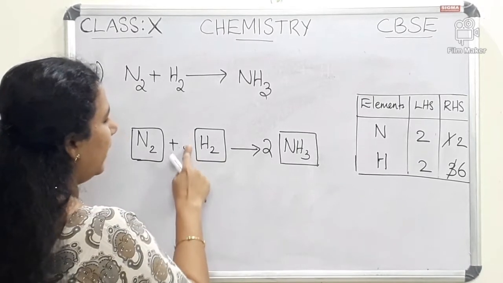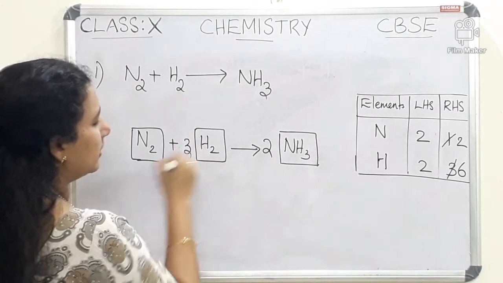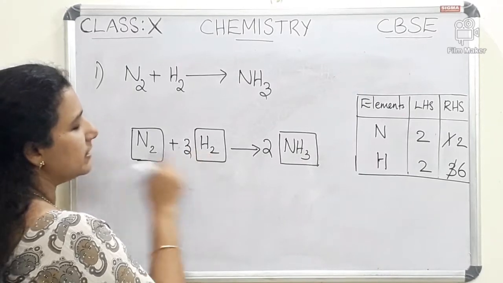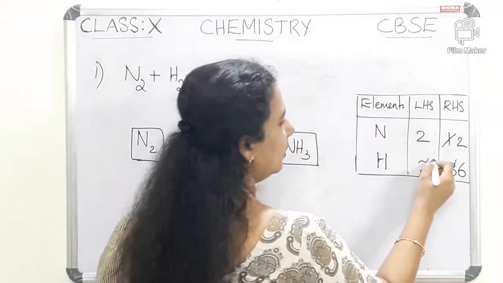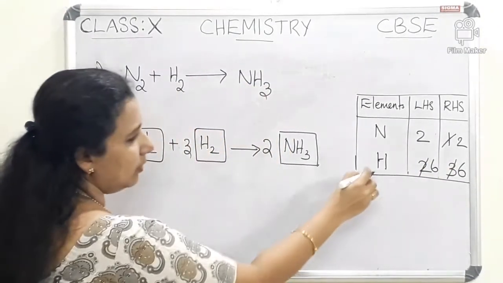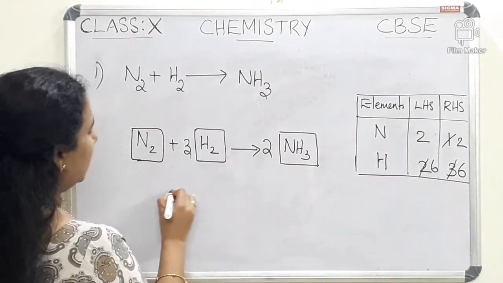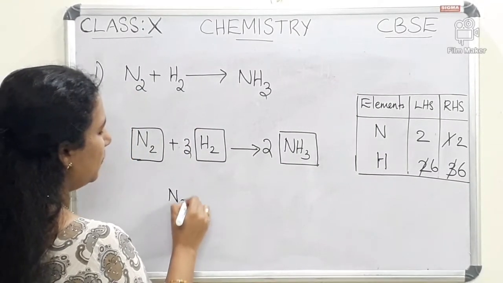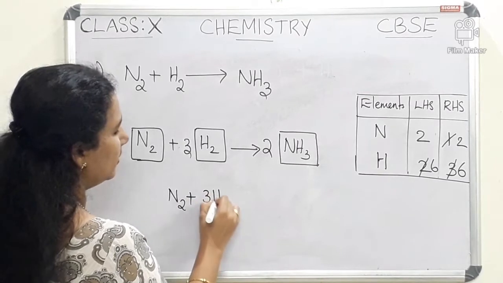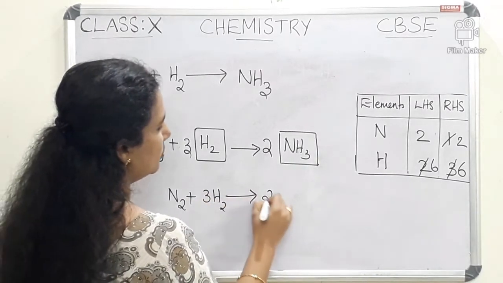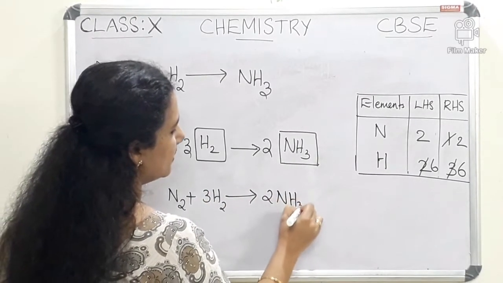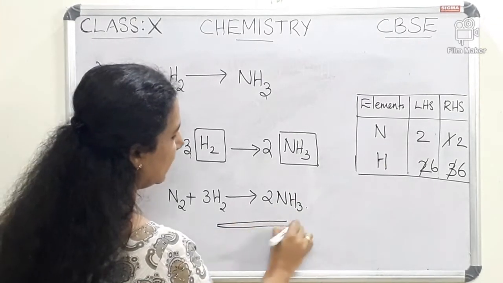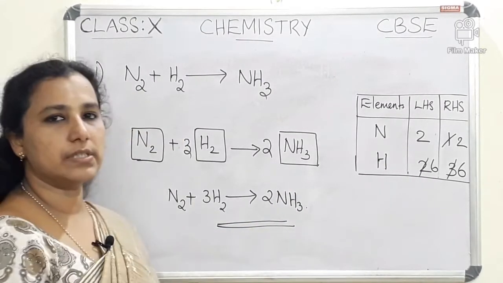So we have to add the coefficient 3. 3 into 2 means 6, so we got the same number. Now it is balanced. The balanced equation is N2 plus 3H2 gives 2NH3.